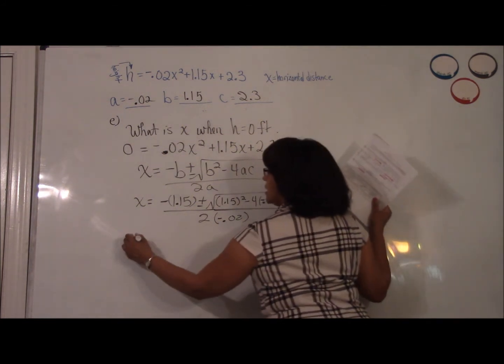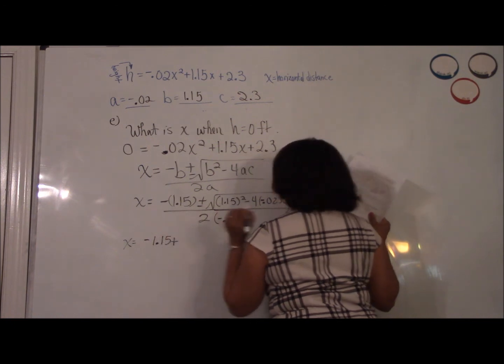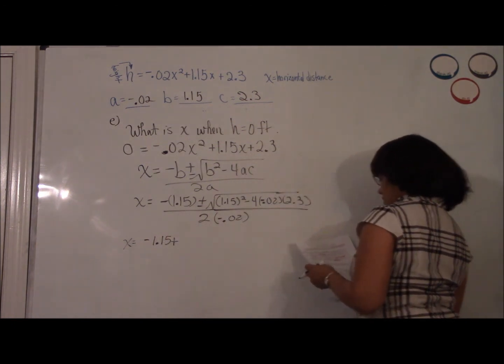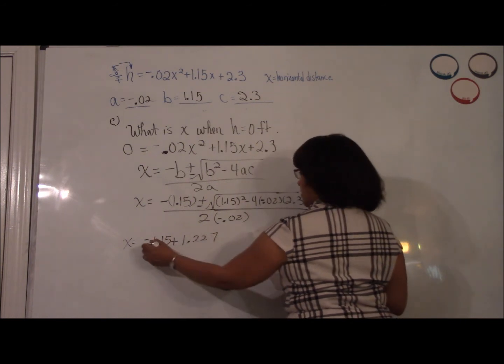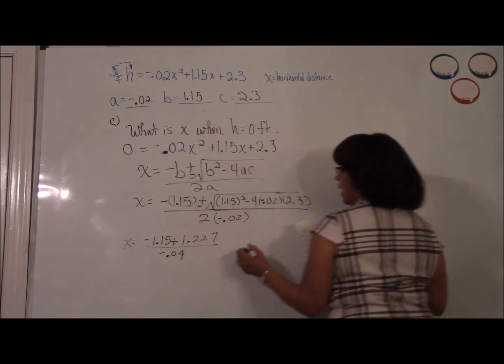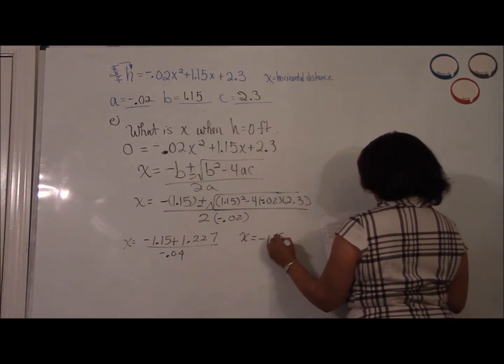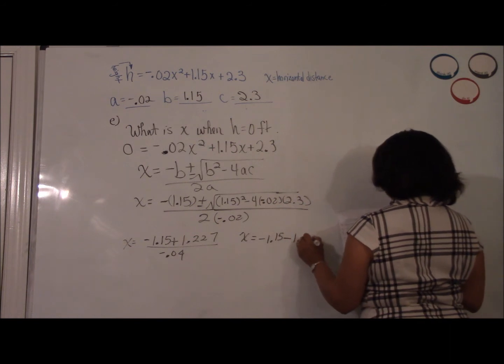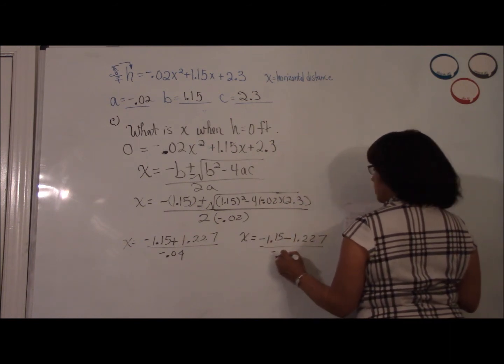So x is equal to negative 1.15 plus 1.227 divided by negative 0.04, and x is equal to negative 1.15 minus 1.227 divided by negative 0.04.